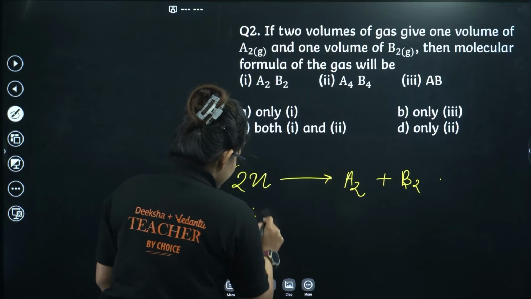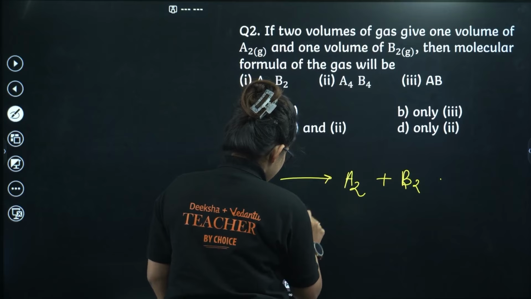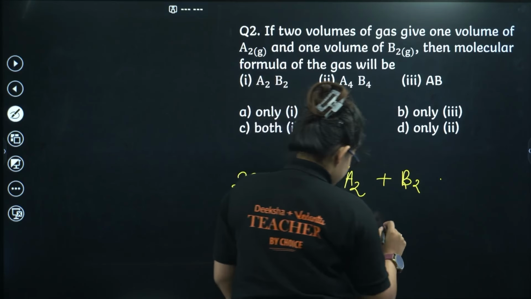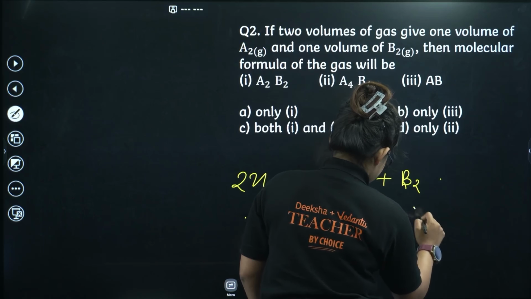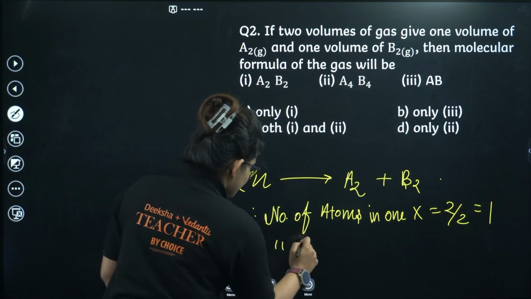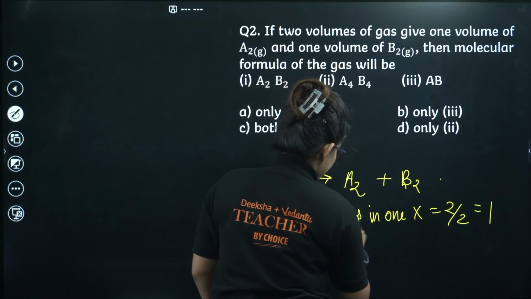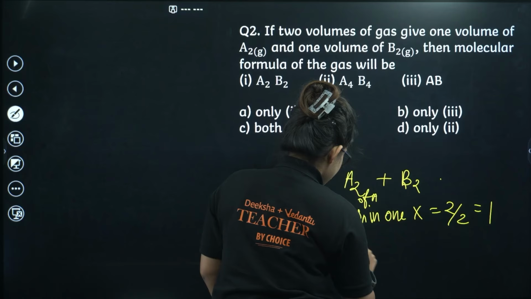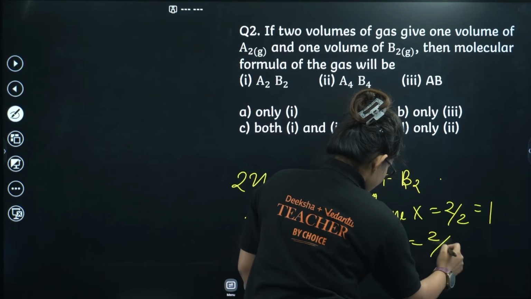Now if I want to find out the number of atoms in 1X, it should be 2 by 2, that is 1, for the number of atoms of A. And for the number of atoms of B, that also should be 2 by 2.